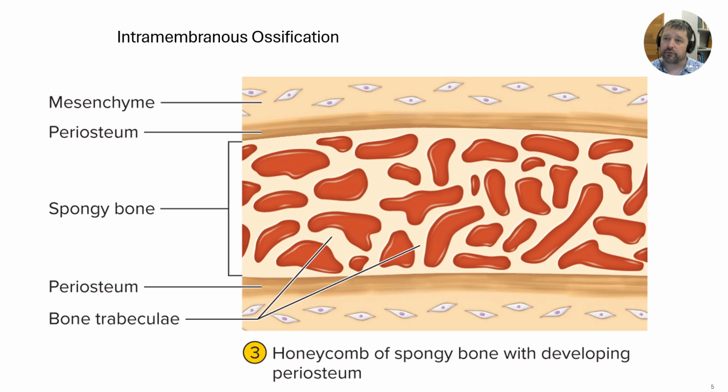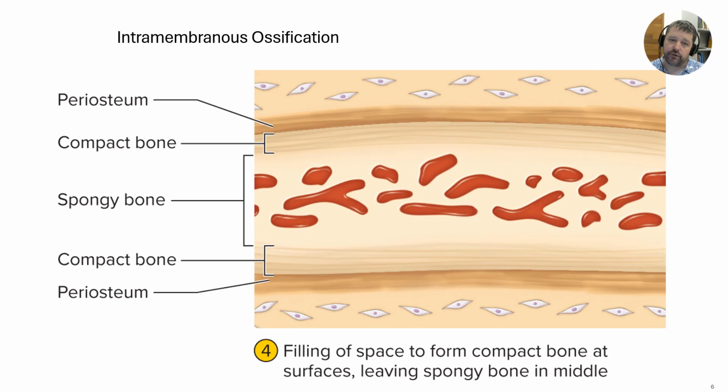Remember, this is how flat bones are made. You see a periosteum on top and a periosteum on the bottom with spongy bone in between. Then you get that compact bone. A portion of that spongy bone is ossified even further. The lamellae, the gaps, are filled in with more bony material, and it becomes compact bone.